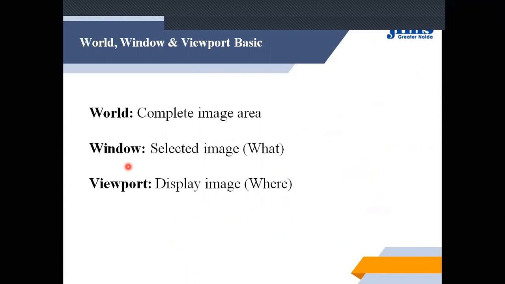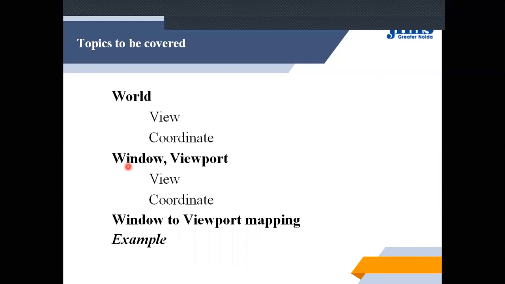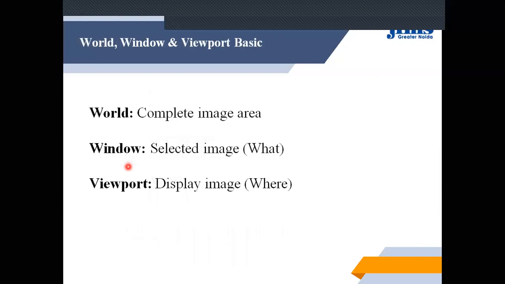So today we discussed the mapping of viewport and window. First we discussed what is the world image and what are the coordinates of the world image, means on x and y axis it can be from infinite to infinite, whereas window is the area that we want to see from that world image, and the coordinates corresponding to window size are window coordinates, whereas the size on which we want to map that window image is called the viewport, and the coordinates of the viewport are viewport coordinates.